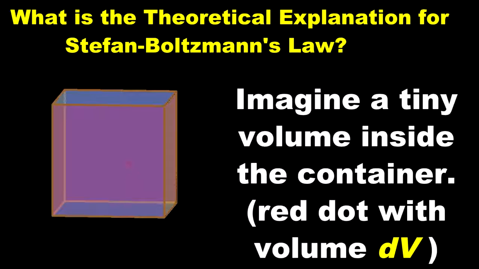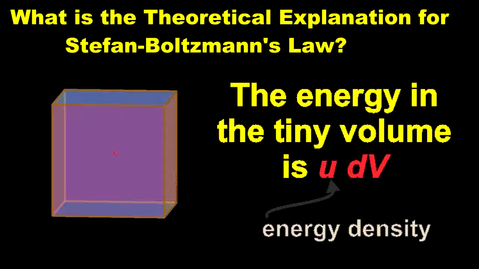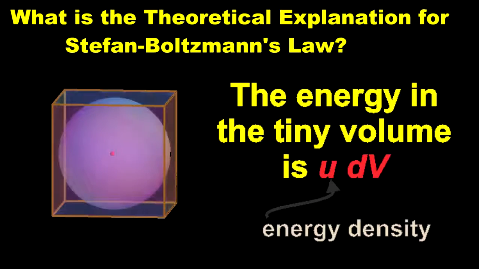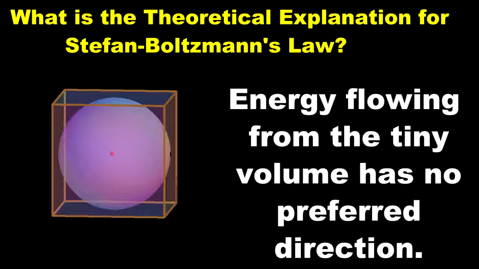Now imagine a tiny volume inside the container with volume dV. We will represent it as a red dot, and it can be anywhere inside the container. The energy in the little volume is U times dV. If you draw a sphere around the little volume, then the energy flowing out of the little volume has an equal chance of hitting the sphere at any point on the sphere.